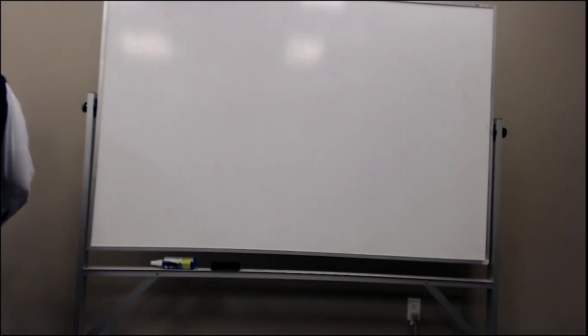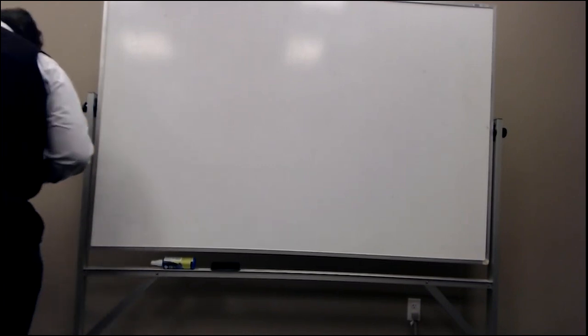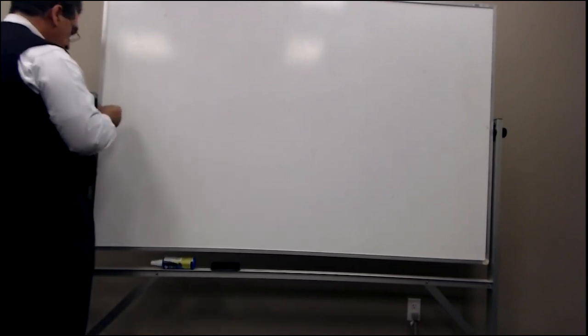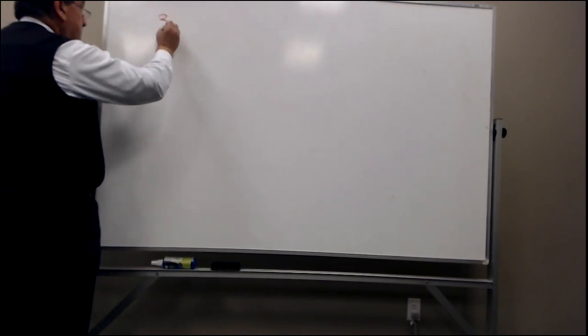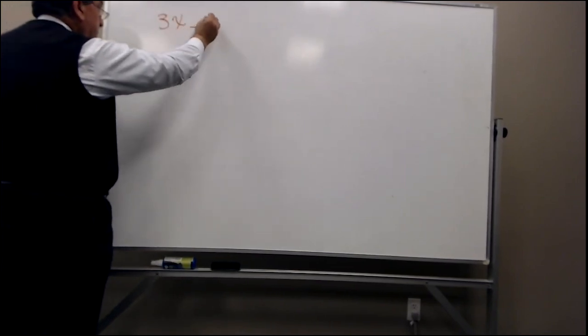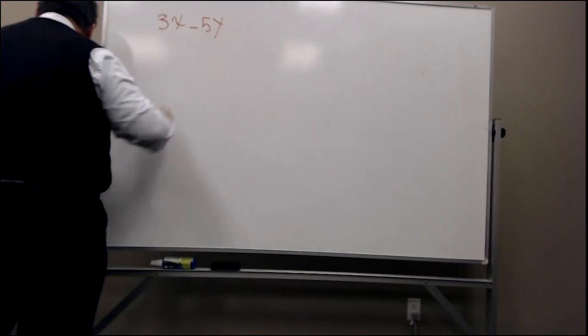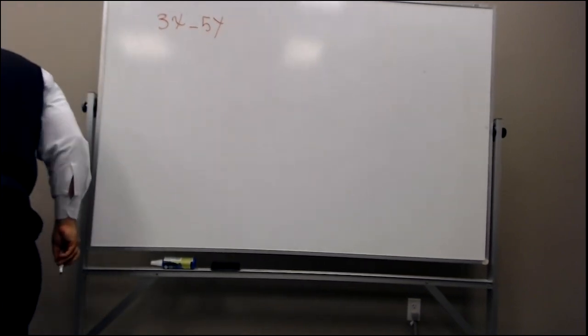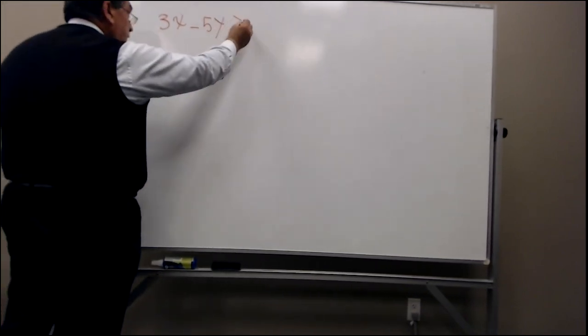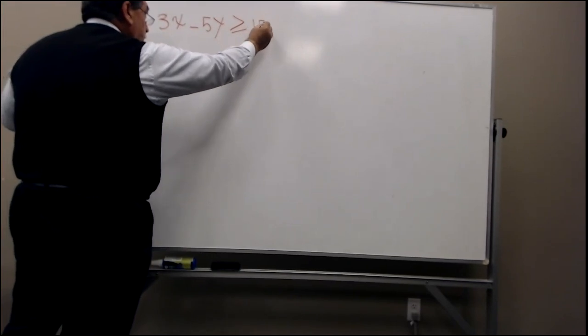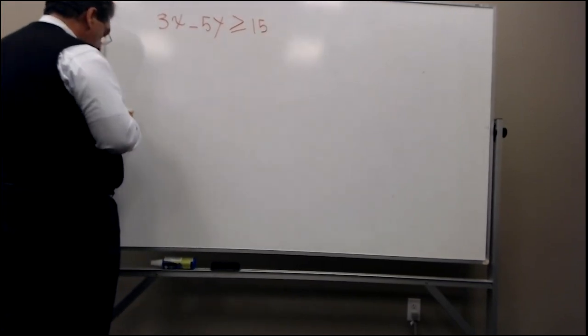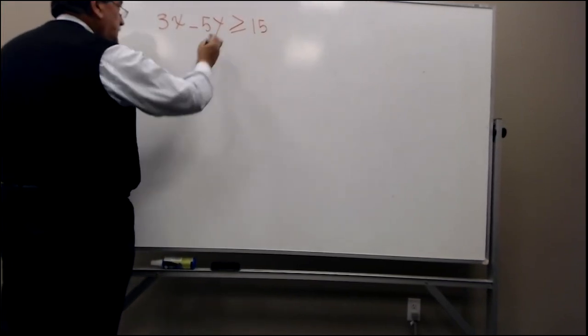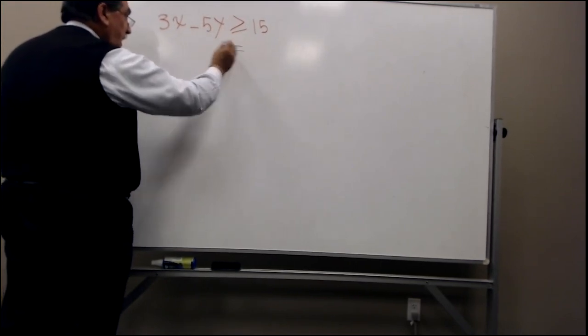What's our inequality? 3x minus 5y is greater than or equal to 15. So the first thing I did, I said, let's assume this is the equal sign.